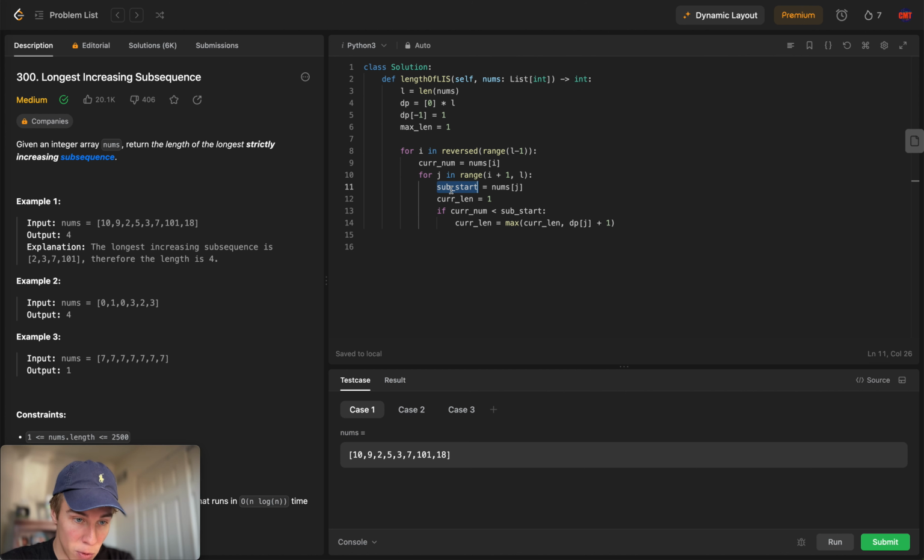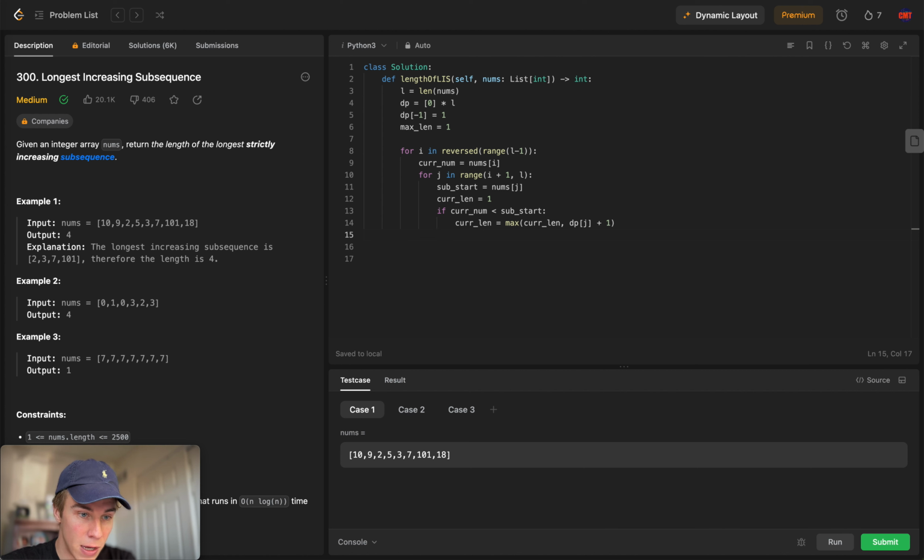So the subsequence start nums j, and just like subsequence start, we have a subsequence length, the dp of I, y plus 1, because we're including I, or the current value, in there. And so once we've iterated through all of the values in the secret array that precedes the current number that we're exploring, the current length should be the maximum.